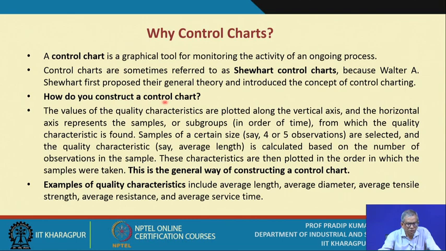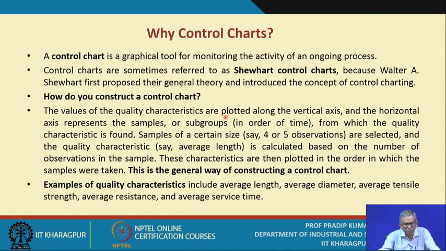Now, how do you construct a control chart? It's very simple. You have the x-axis, you have the y-axis. Supposing for a given quality characteristic, you need to construct the control chart. You need to collect the values of the quality characteristic from the process.